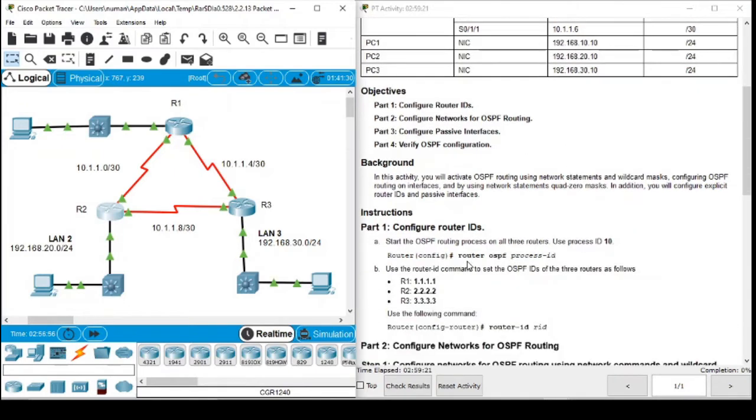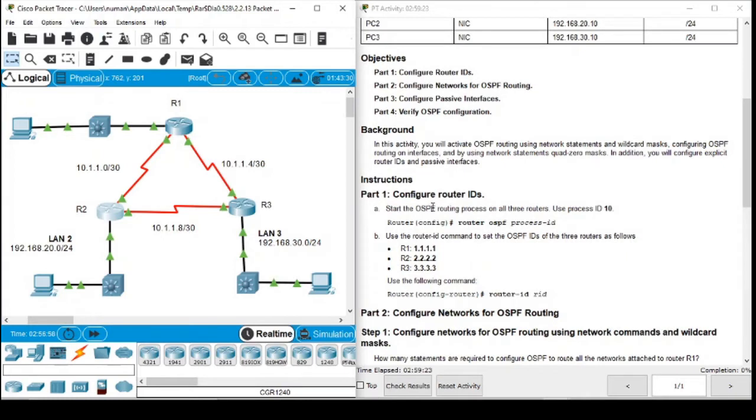The first part asks us to configure the router IDs, and I repeat one more time that the router ID is the unique ID for routers in the OSPF process. Start with router 1.